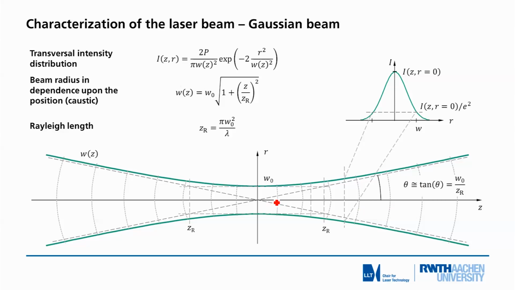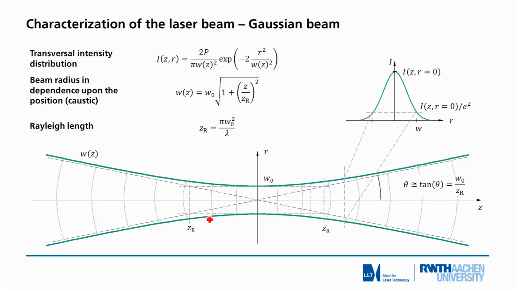And you can construct it very easily by taking the parallel line of the minimum beam waist, drawing this parallel to the optical axis, and looking at the crossover of this line with the limit of the far field divergence, which again is linear.